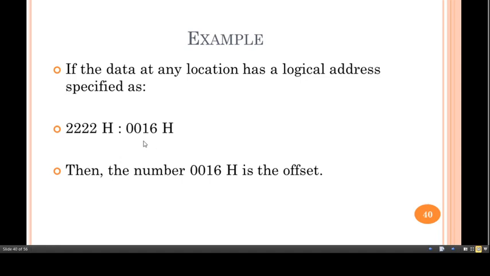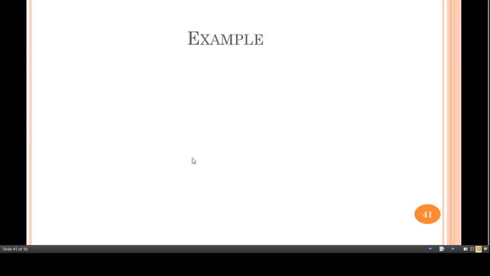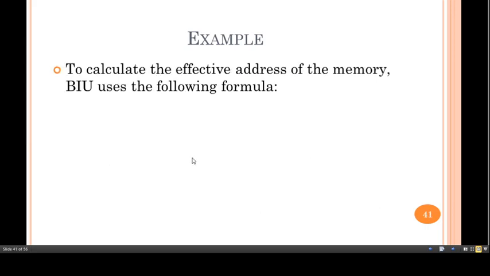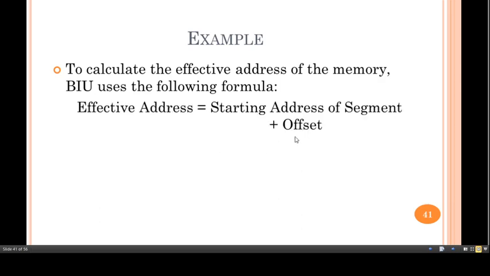So 0016H is the offset and 2222H is the value of the data segment register. To calculate the effective address of the memory, the bus interface unit uses the following formula: effective address is equal to starting address of segment plus offset.